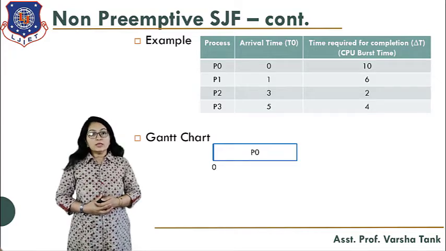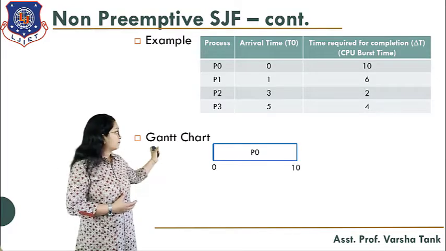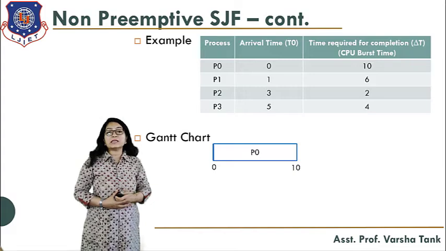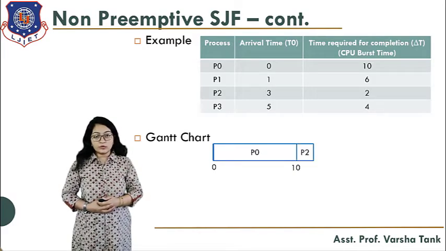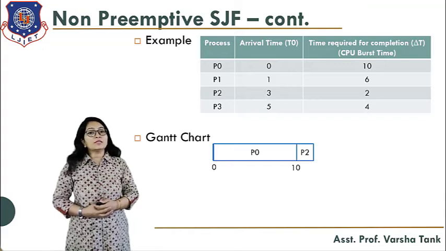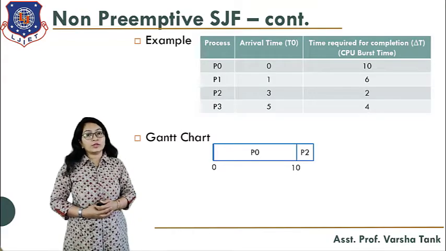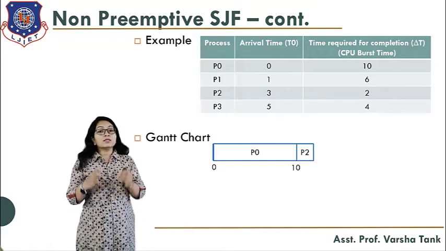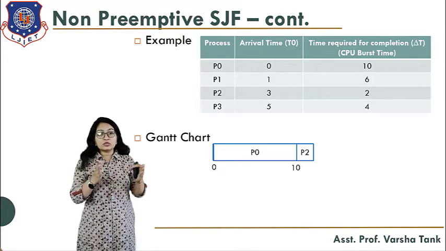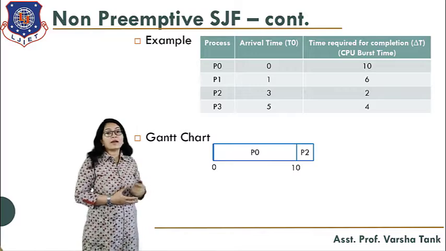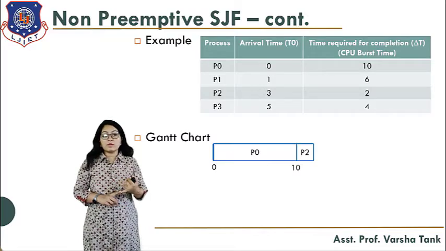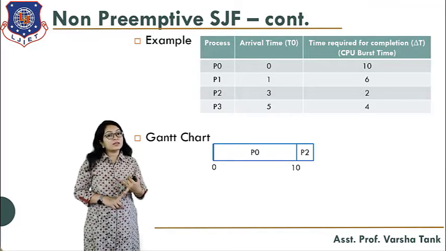So for process P0, the CPU will be utilized for 10 milliseconds. Now the next process P2 will go for execution. Why? Because by the time 0 to 10, every process has arrived: the arrival time for P1 is 1, P2 is 3, and P3 is 5.